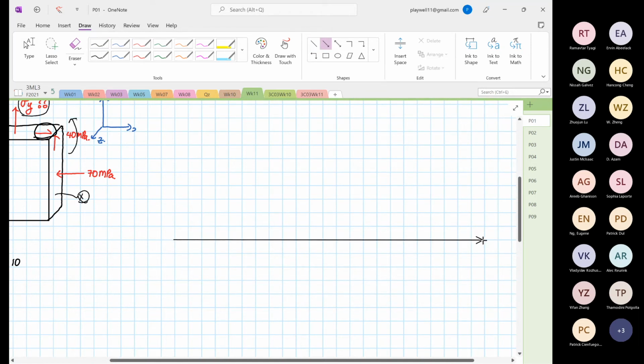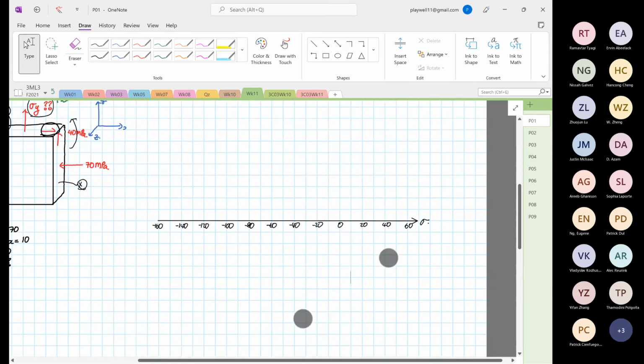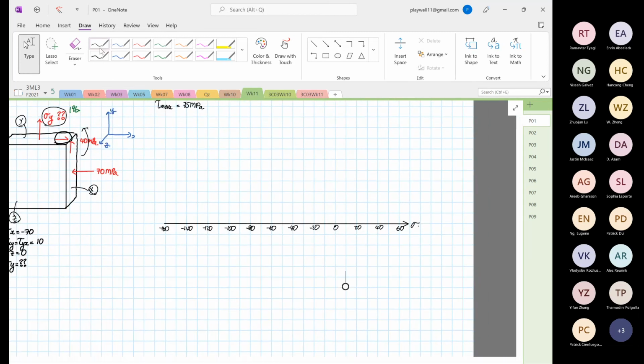Let me construct. I'm going to start from minus 160, 140, 160. So this is the normal stress. Then I'm going to construct the shearing stress axis.